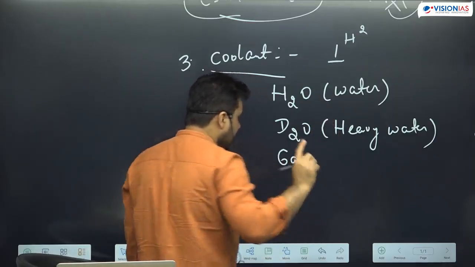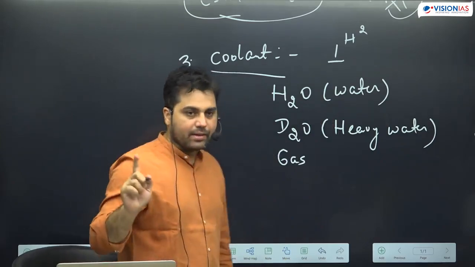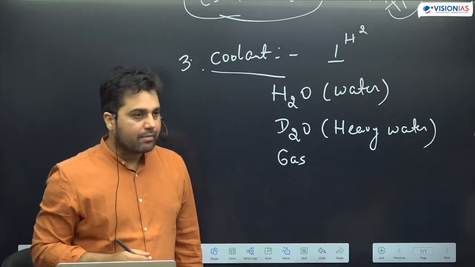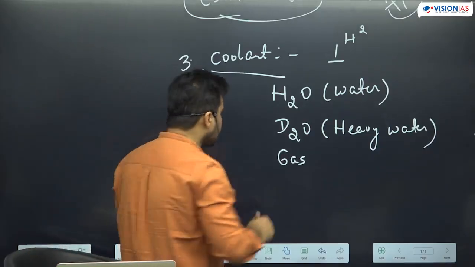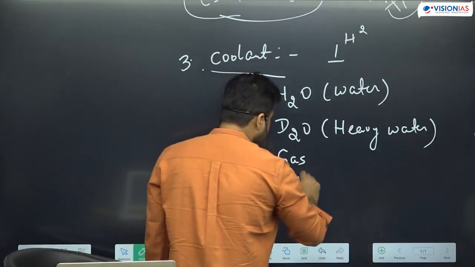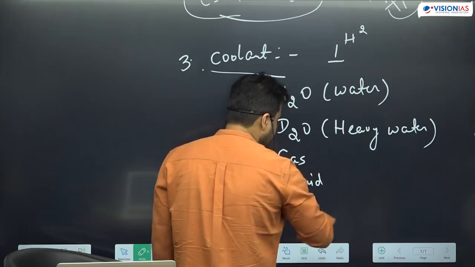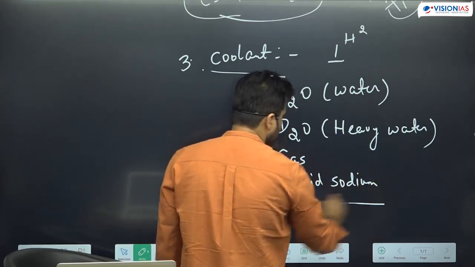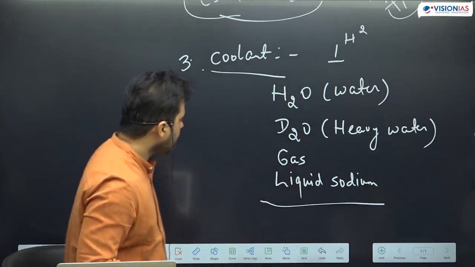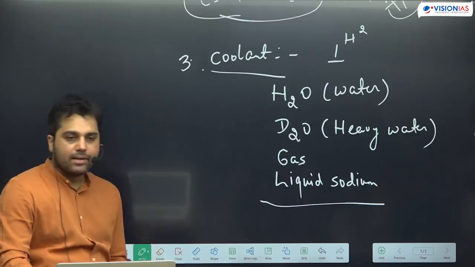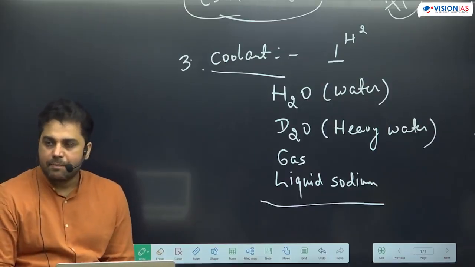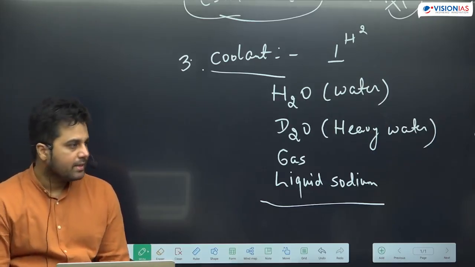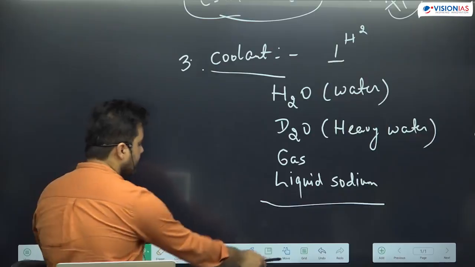In India, we are not using any gas-cooled reactor, but in America, this is becoming quite popular, that you have gas-cooled reactors. Or it can also be a liquid metal. जैसे, even in India, we do use liquid sodium. All of these are candidates to make a coolant which can transport heat from the core so that we can use that heat energy to produce electricity.